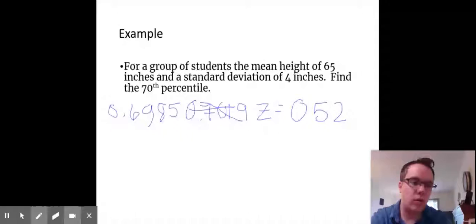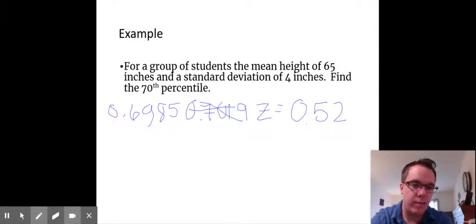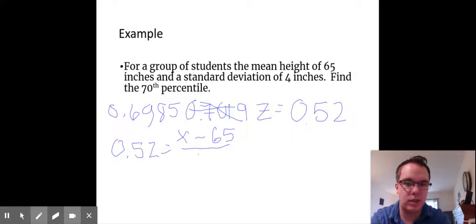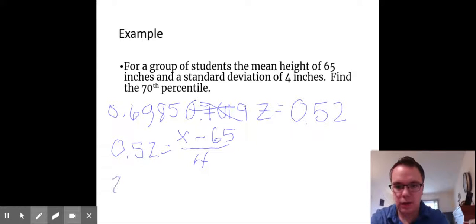So we're going to use 0.52, our mean and our standard deviation, and plug it into our formula for our z-score, which was z equals x minus our mean, which in this case is 65, divided by our standard deviation, which in this case is 4. Now we're just going to use our Algebra 1 skills to solve for x. I'll multiply that 4 over, so I get 2.08 equals x minus 65.